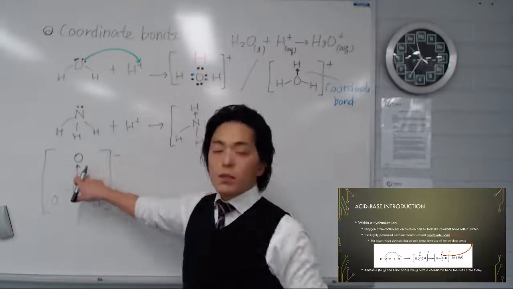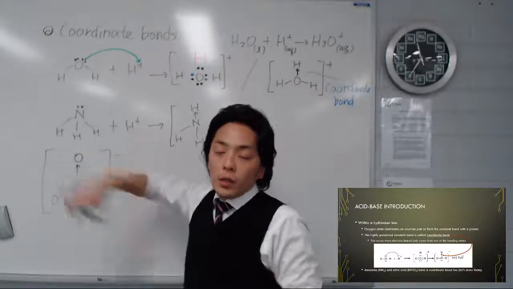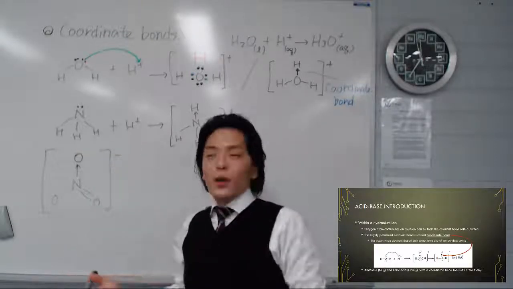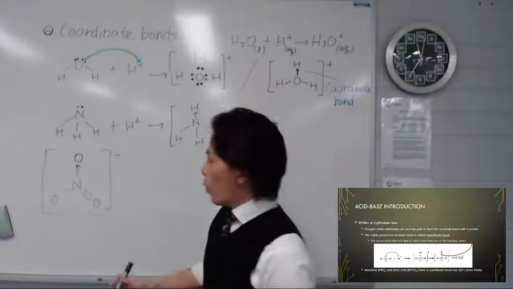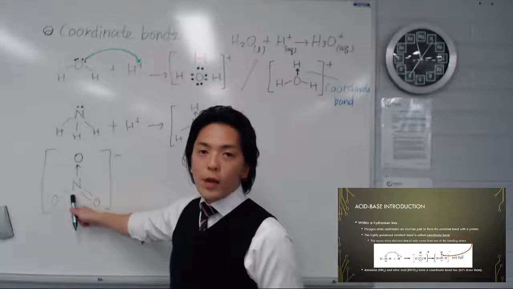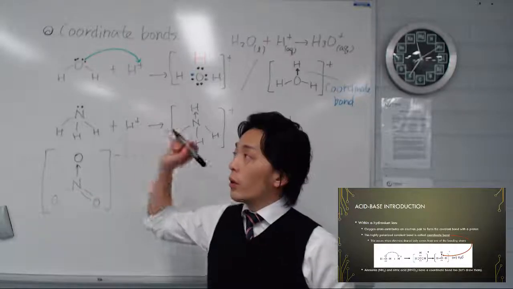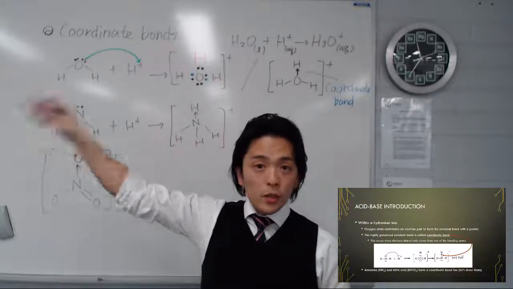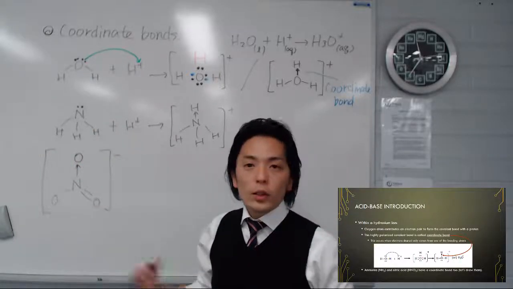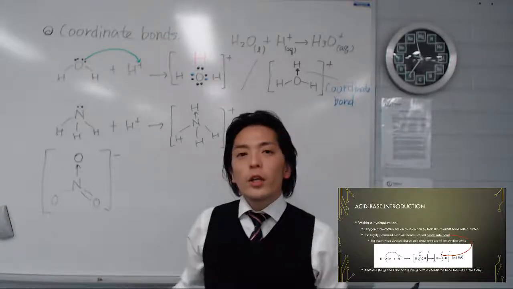Why does this become a coordinate bond? Well, that's to do with octet configuration. So what's stable for each atom? Nitrogen wants to have 8 electrons, and that's it. Nitrogen is in period 2, so it cannot have expansion of octet. It cannot accommodate more than 8.